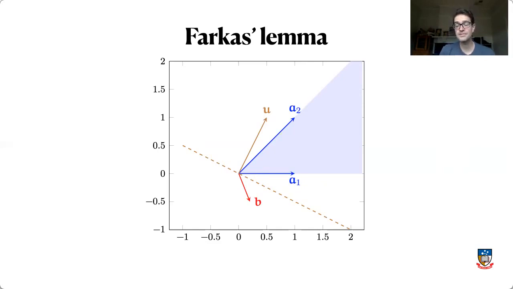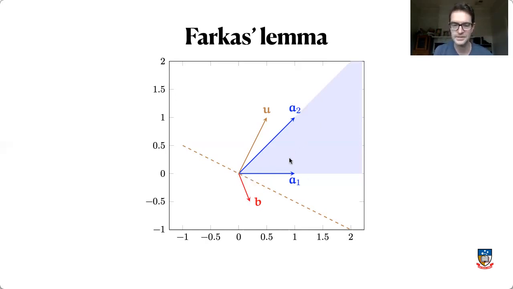Basically what Farkas's lemma says is that if I take any vector B, so you see some vector B here, then the vector B either will lie in this blue region, or it will lie outside of the region, in which case I can put a dashed line between my vector and my blue region.